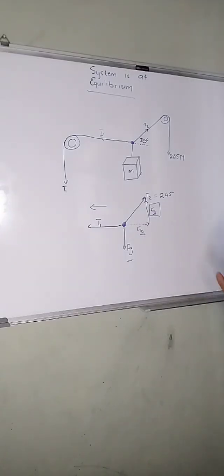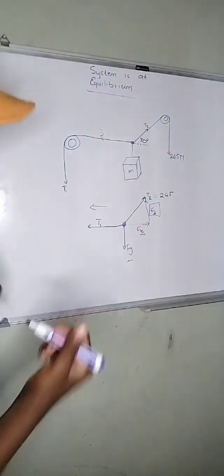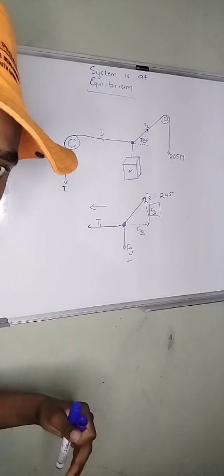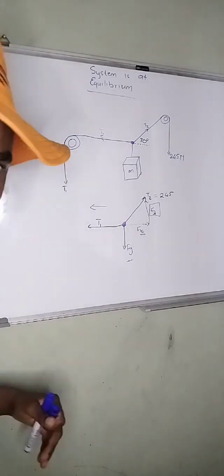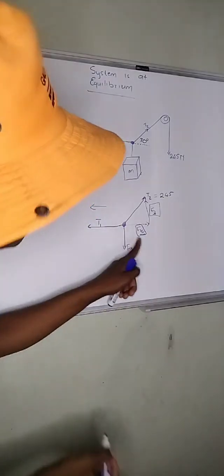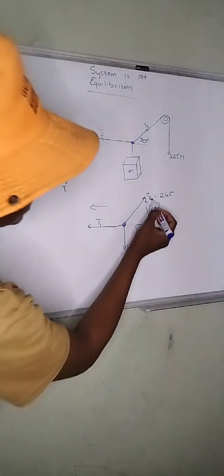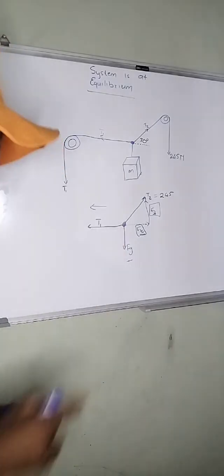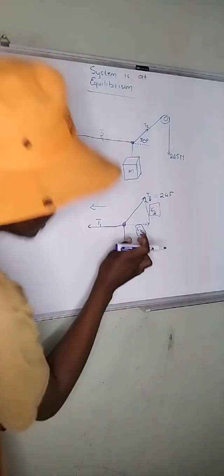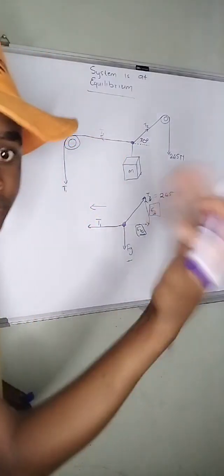You can be asked in an exam, what is holding T2? T2 is broken down into components, Fx and Fy, or Tx and Ty.